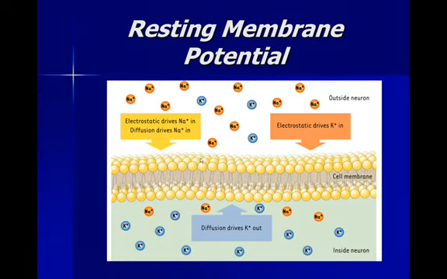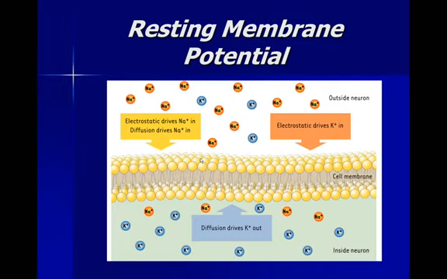To give you an idea of how this resting membrane potential functions, there are potassium and sodium ions inside and outside of the neuron. And we have electrostatic forces that are trying to force sodium ions in and potassium ions inside the membrane, inside the cell, pardon me.